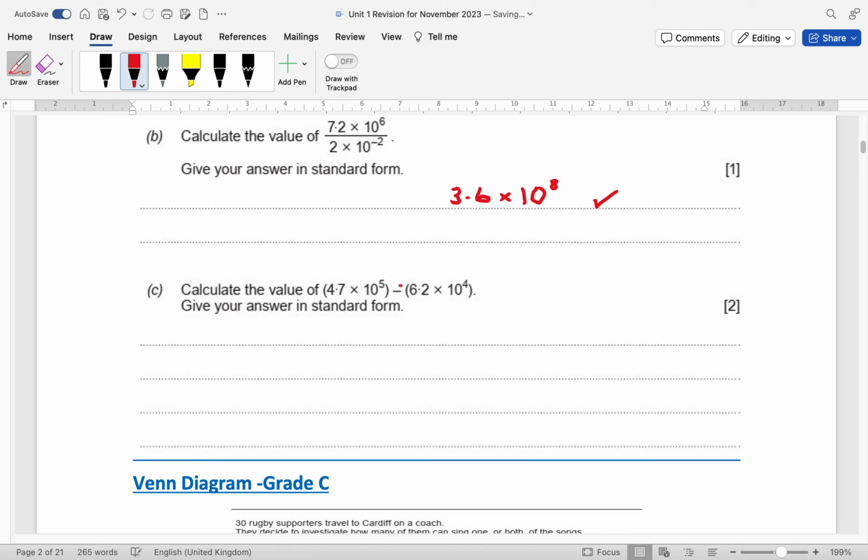Whereas adding and taking away, you're better off as numbers. So we've got 47 with 4 zeros, take away 62 with 3 zeros, but if I work backwards, 0, 0, 0, and then 2, 6.